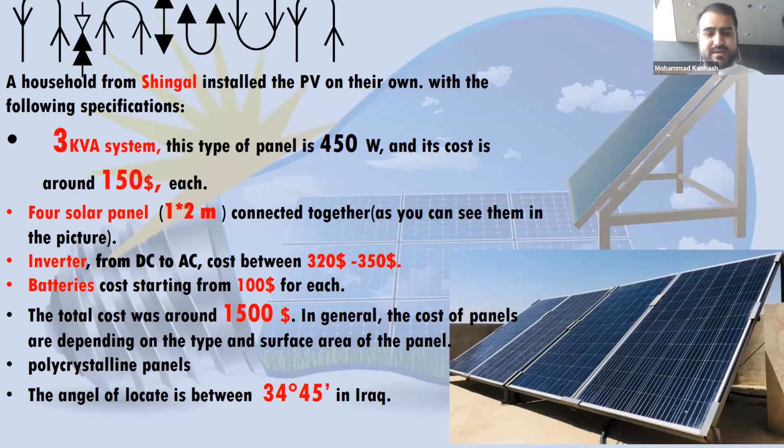To place these panels, these guys told us that you need to fix them at 34 to 45 degrees to use them at their maximum. That's how you get the most use of it.